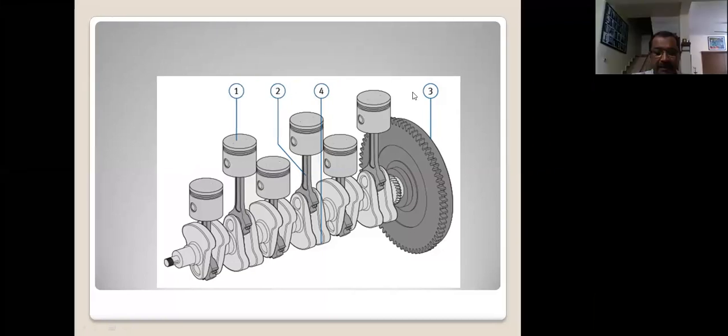So this is the assembled view of an engine. This is the heart of an engine. Let me ask, how many cylinders will this particular engine have?